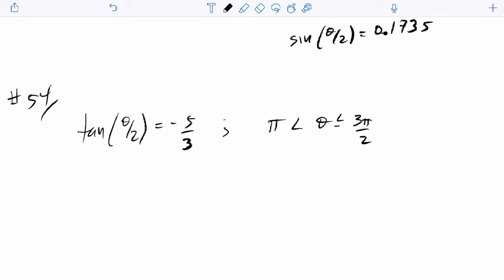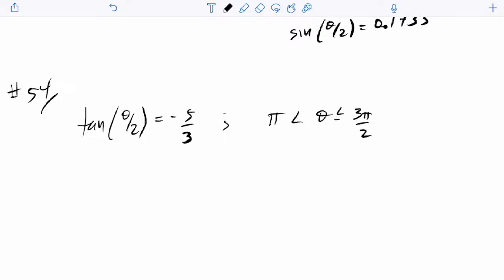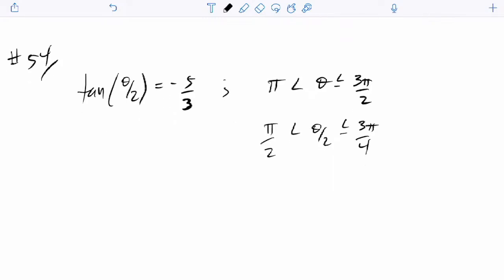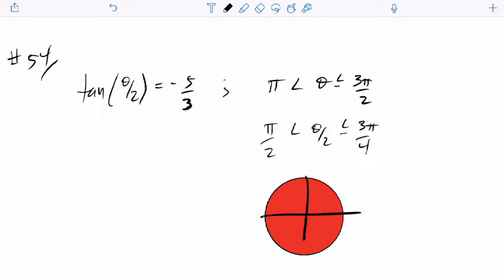So for 54 here, they give you this, and they want you to find the sine and cos like usual. So same thing as we did for 53, divide across by 2. And then you can do your unit circle. In this quadrant here, theta over 2 is greater than pi over 2 and less than 3 pi over 2, so you're in this quadrant up here.